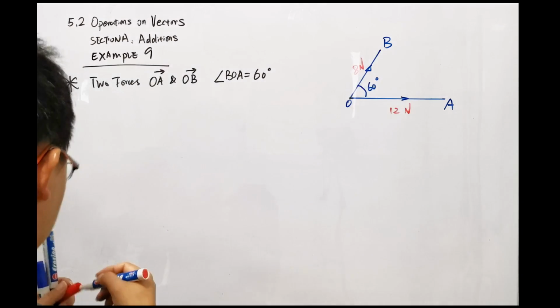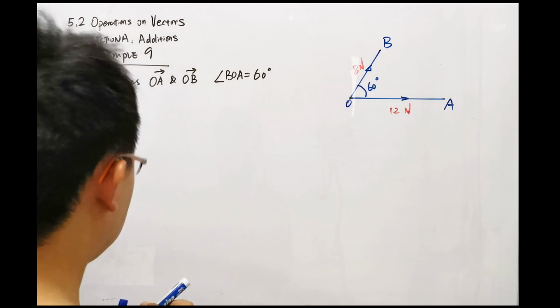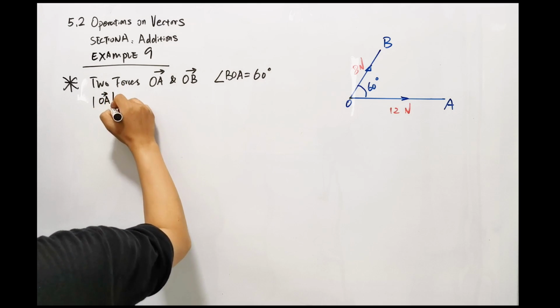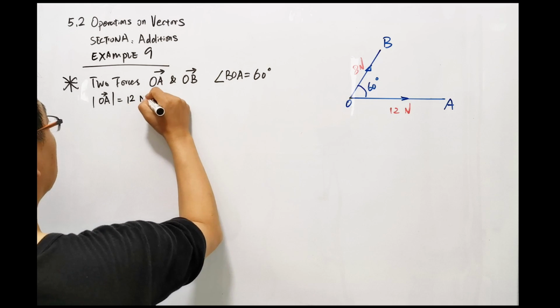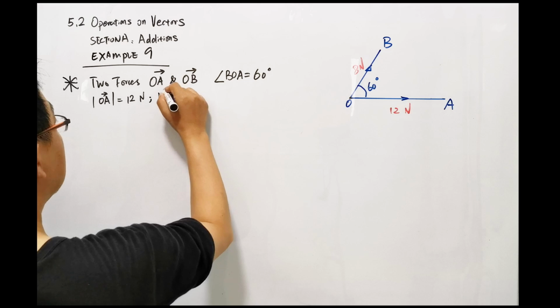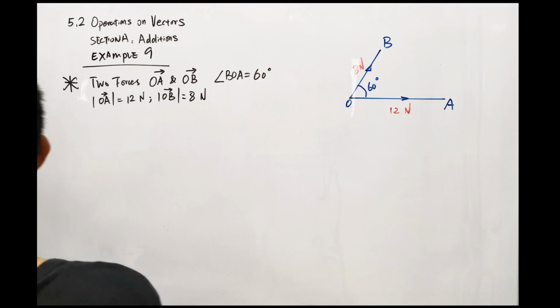So two forces are working on this object. The magnitude of OA equals 12 Newton, and OB equals 8 Newton.